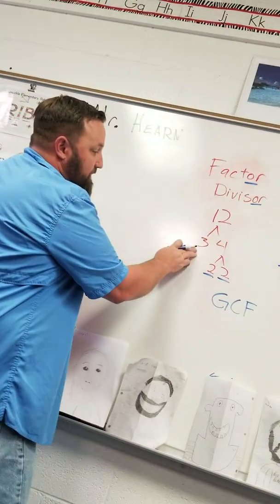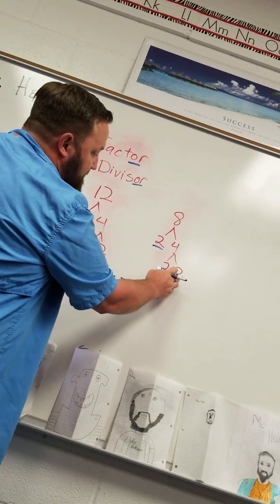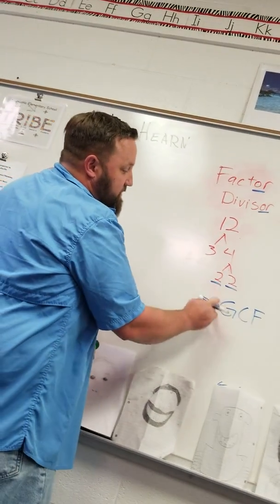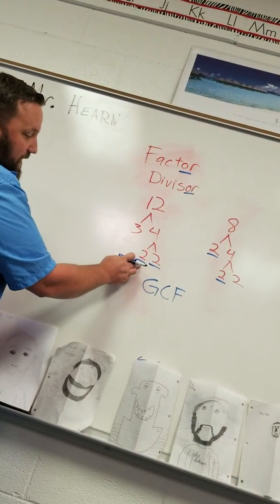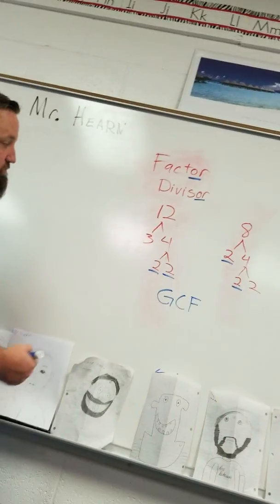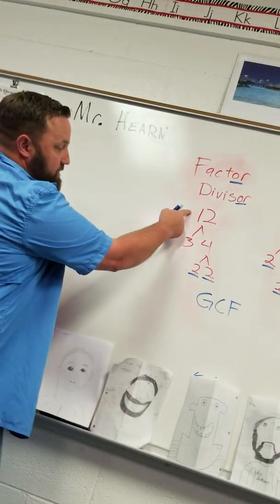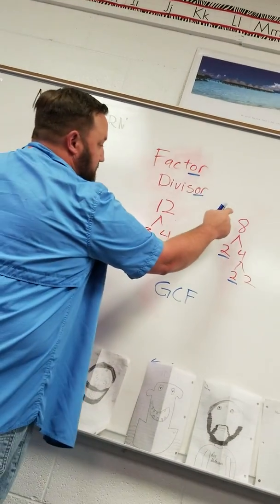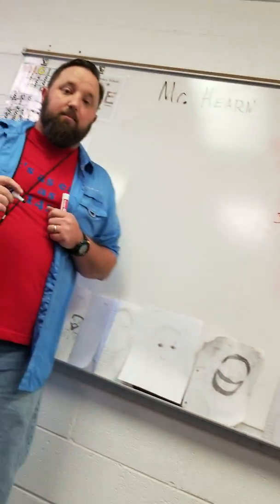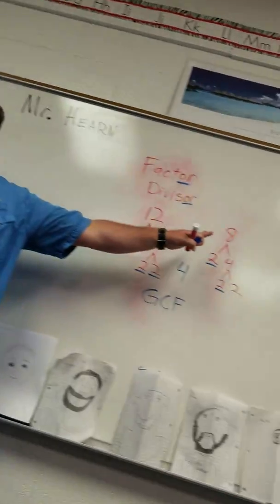I've got a 3 here, and I don't have a 3 over here. So for the greatest common factor, I would take my two common factors and multiply them by each other. So the greatest common factor of 12 and 8 would be the number 4.